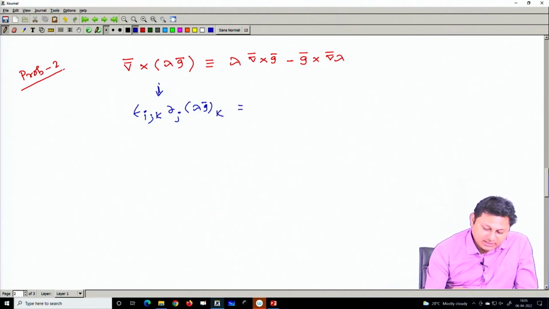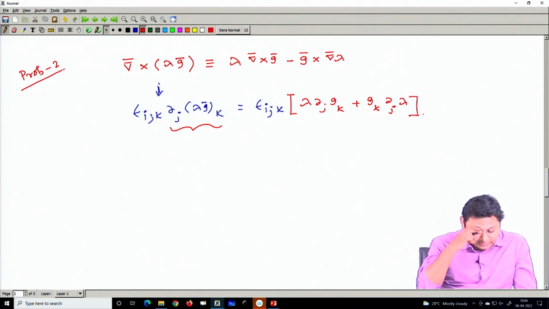So, this, if I elaborate, because this is a derivative, we have epsilon i j k, then this portion I am now writing. So, lambda del j g k plus g k del j lambda.